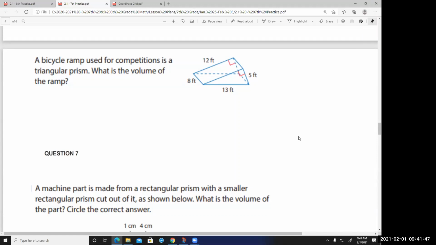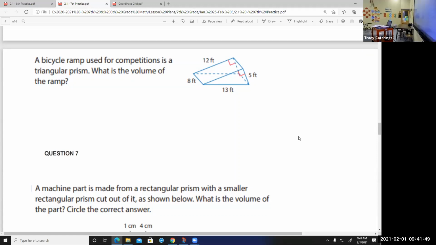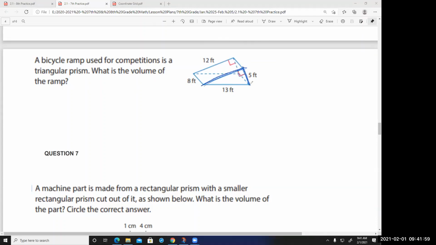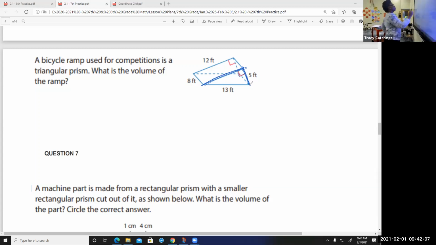13. All right, now let's look at this triangle. If that is where the right angle is, that means my base and my height is going to be in the corners. 5 and 8. Look again.